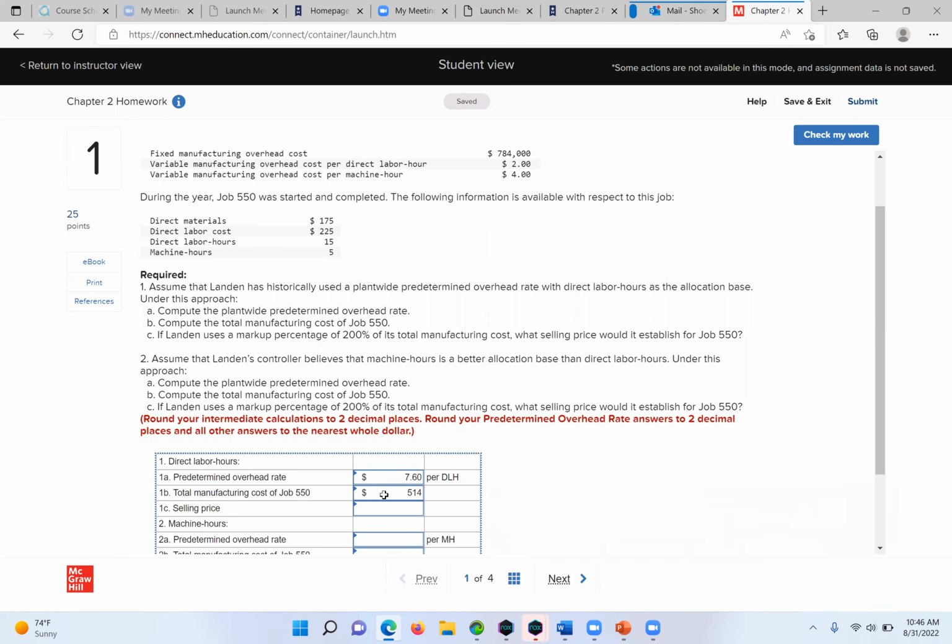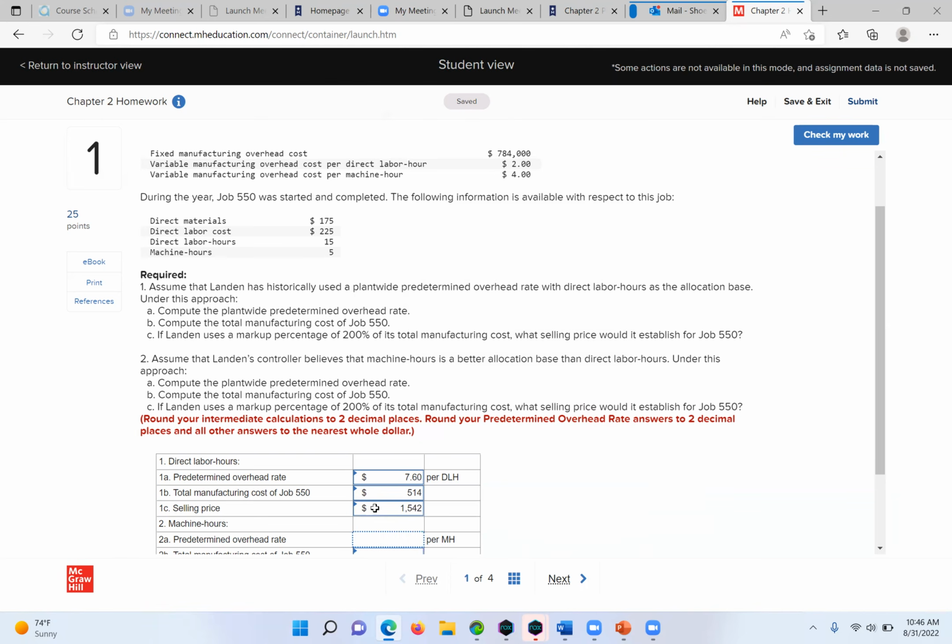If the markup on this job is 200%, 200% of $514 is going to be $1,028. So the cost, $514, plus the markup of $1,028, in this case means our selling price is going to be $1,542.